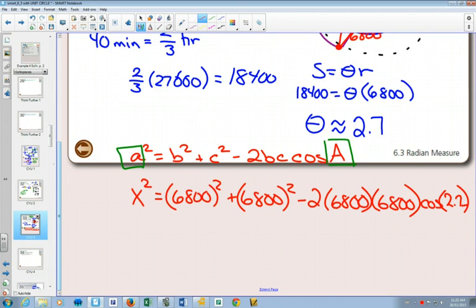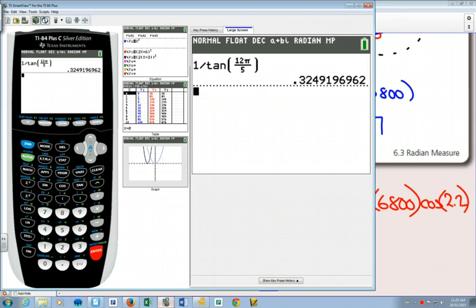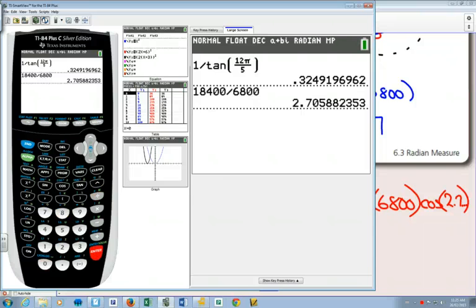One of the things that we want to make sure that we're able to do with our calculators is not round any time early. Right? Remember, just type this in again. I found the 2.7 earlier by dividing.